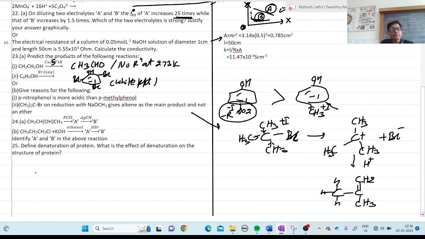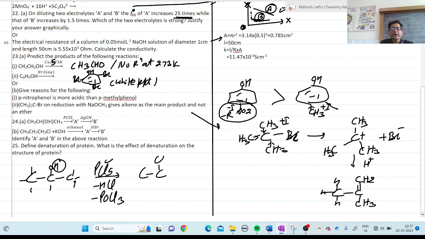Next is question 24. Propan-2-ol when it reacts with PCl5 gives H and 1 Cl, next is POCl3, and substitutes OH by Cl.